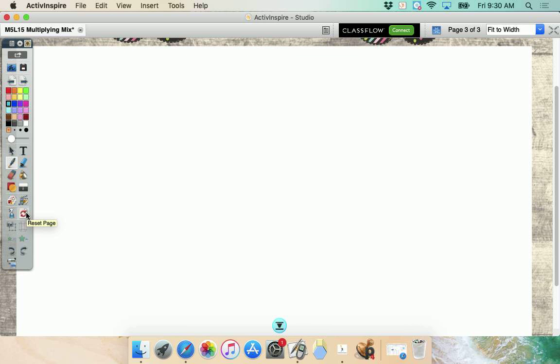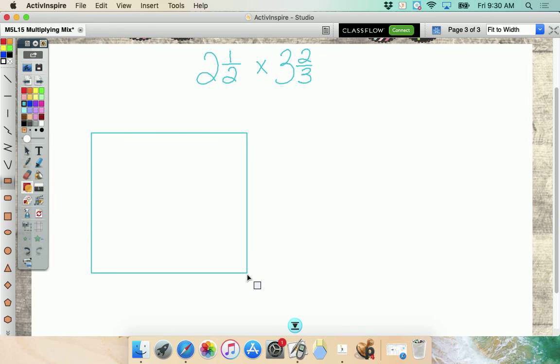Okay, so this problem is 2 1/2 times 3 2/3. Okay, need a box, pretty big one. And boys and girls, I have a feeling we're going to need to write on the back of the paper when we solve this.